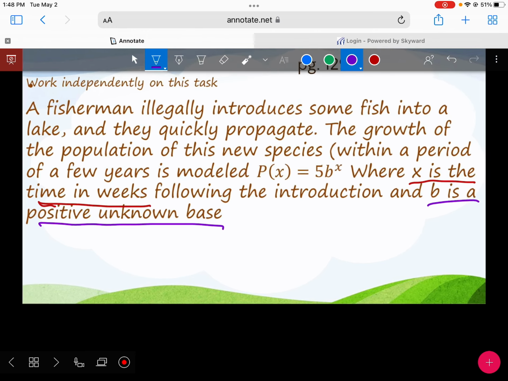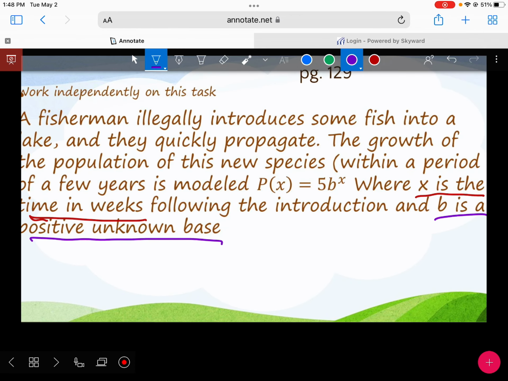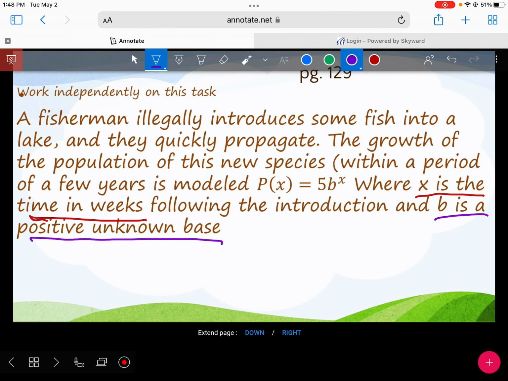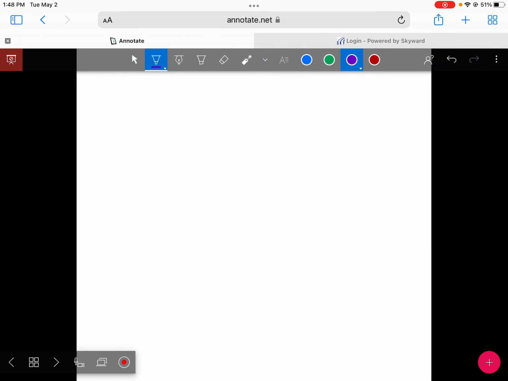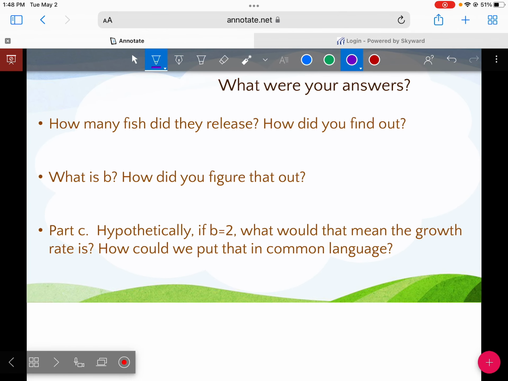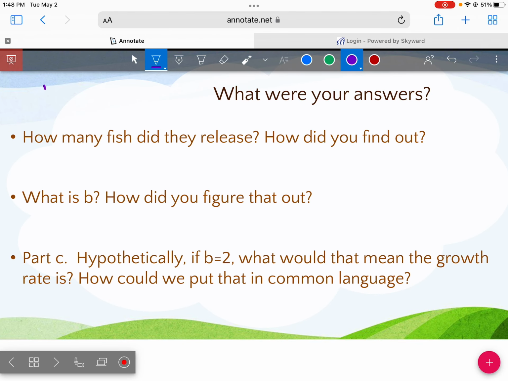And you're like, well, that's real nice, Miss Thede. That doesn't help me much. Okay? So that's the backstory on the illegal fish. All right? So let's go to the next page. I'm going to rewrite this equation. So P of X is equal to 5 times B to the X power.